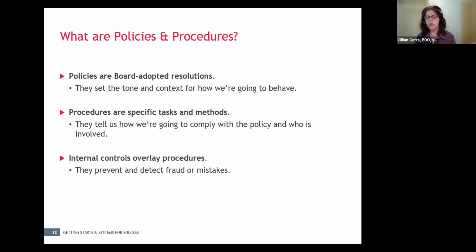A procedure is the set of instructions that helps us comply with the policy. So who gets the mail? Who stamps the checks? Who fills out a deposit slip and goes to the bank? Who reconciles the account? So the order of events and the owner of each, right? And then finally, internal controls are mechanisms within your procedure that count as checks and balances.